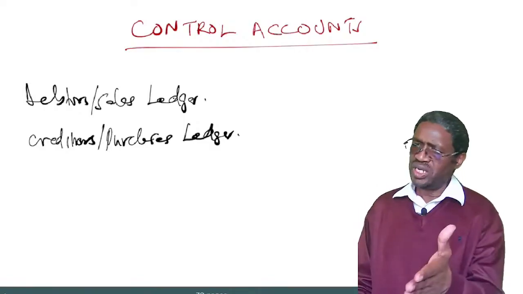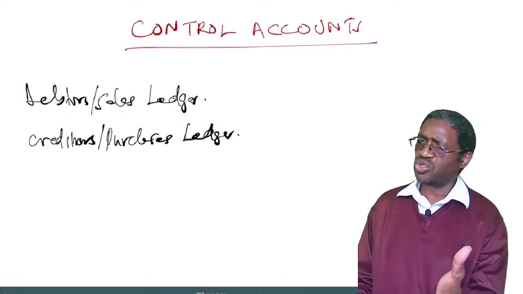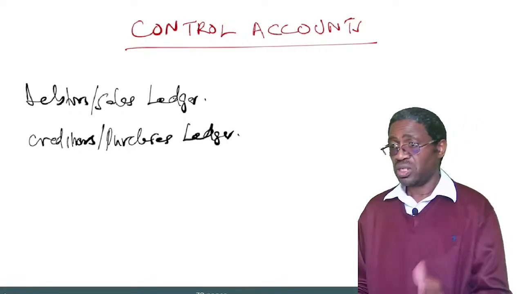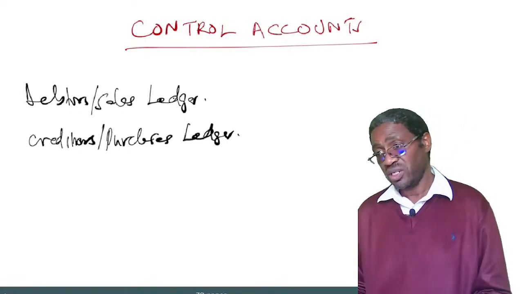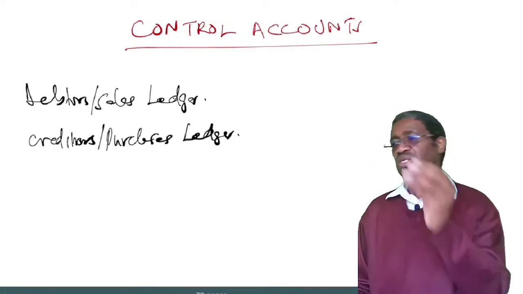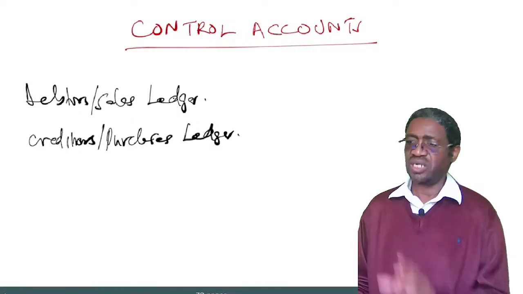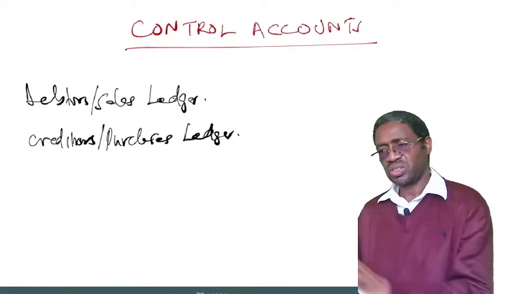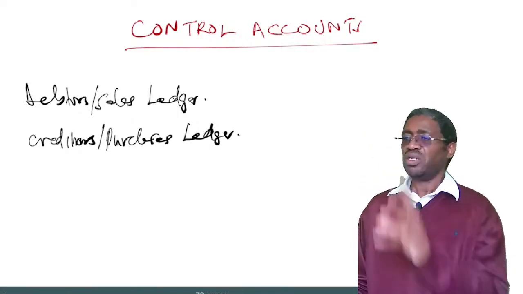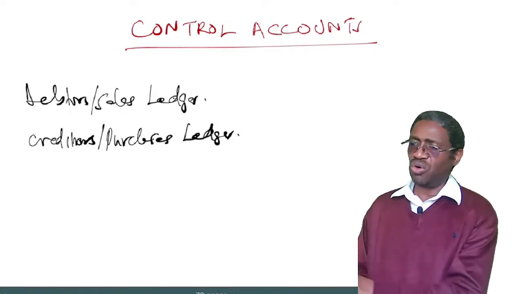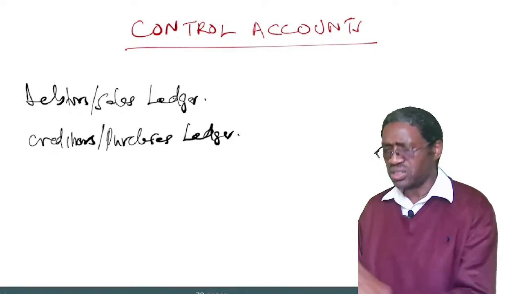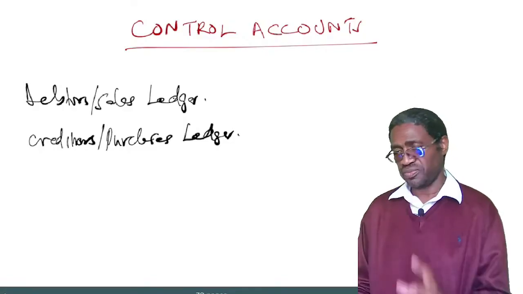Maybe page 1 in the creditors ledger will contain the account of Wanyama as a creditor. Page 2, Joseph as a creditor. Page 3, John as a creditor. Page 4, maybe Koril as a creditor, and so on.